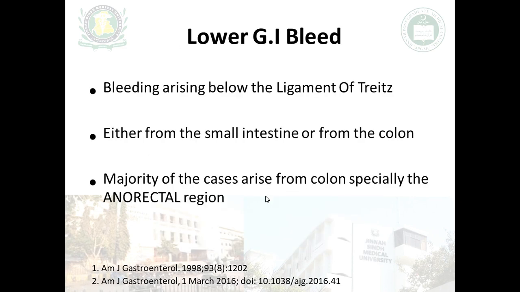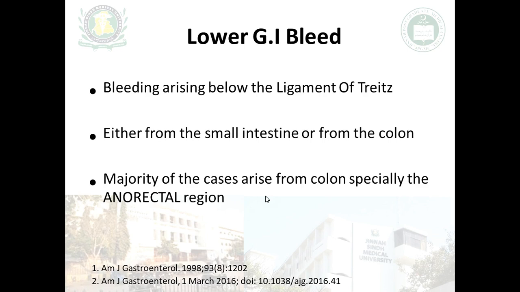So any bleeding arising below the ligament of Treitz, either from the small intestine or from the colon, right? Jejunum is a part of the small intestine. So a lower GI bleed can be from the small intestine, like the jejunum or the ileum, and it can be from the colon. The majority of cases arise from the colon, especially the anorectal region.